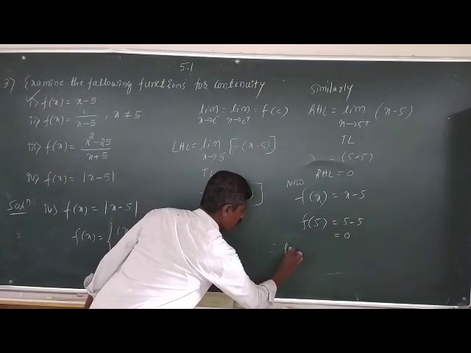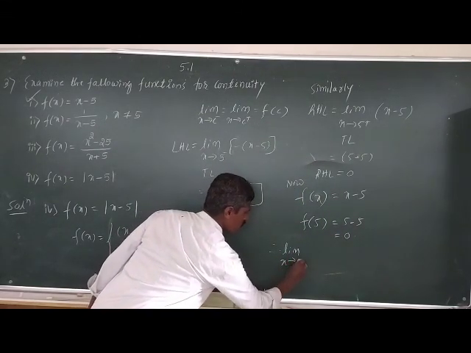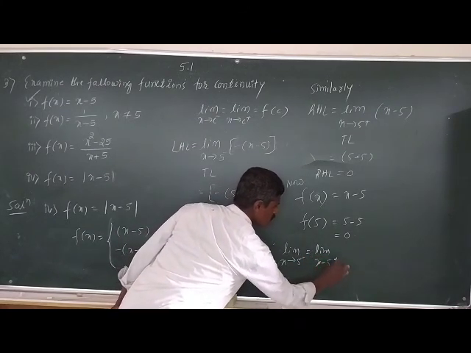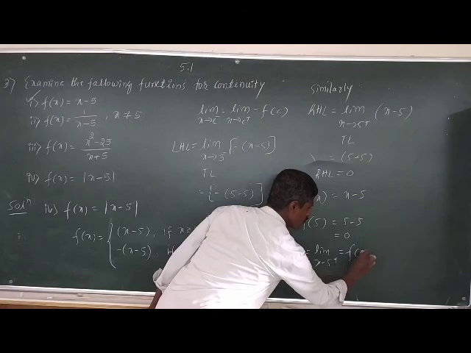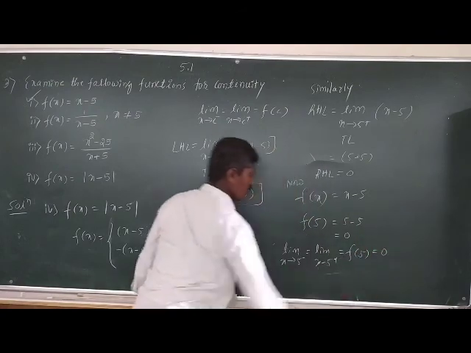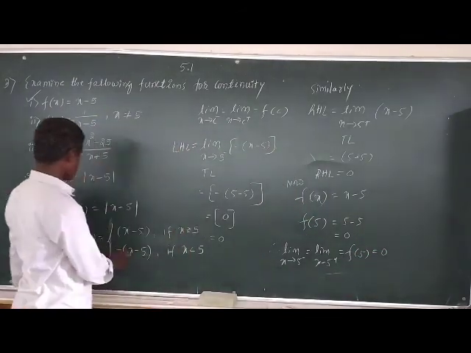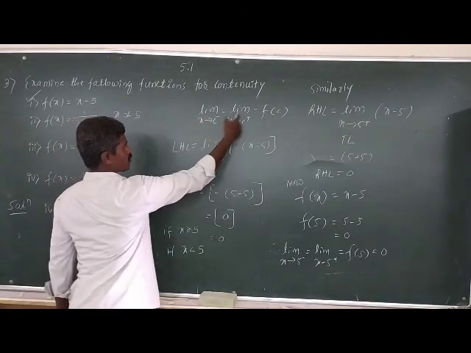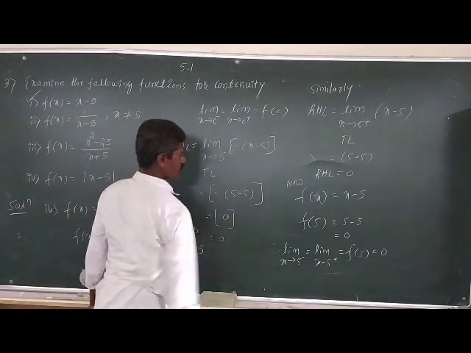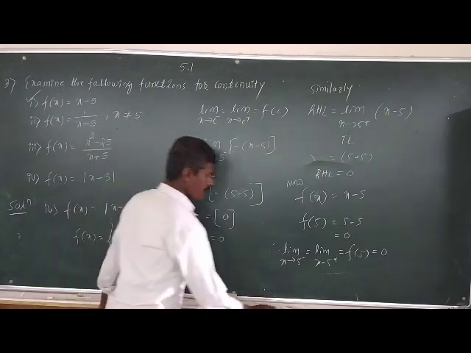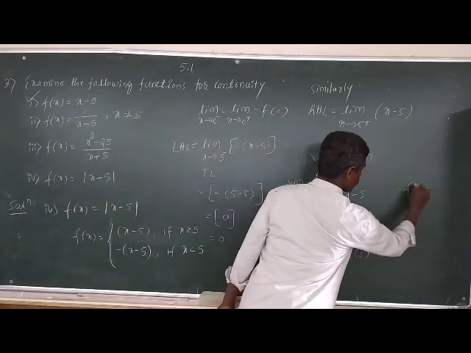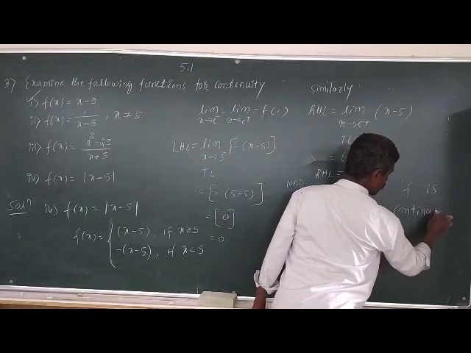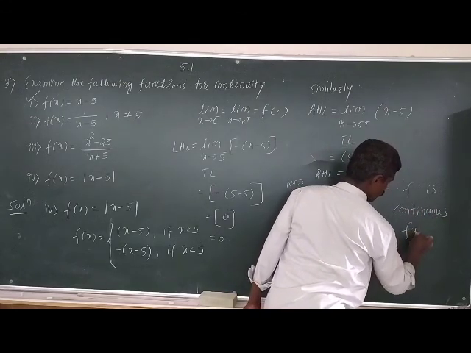Therefore the limit as x tends to 5 minus equals the limit as x tends to 5 plus equals f of 5, which equals 0. So the function satisfies the condition that the limit as x tends to c minus equals the limit as x tends to c plus equals f of c. Therefore the function is continuous. Therefore f is a continuous function.